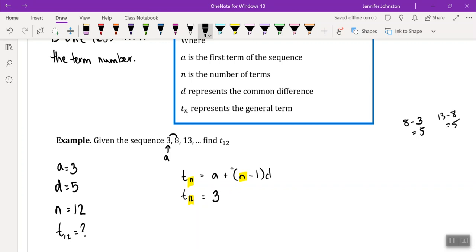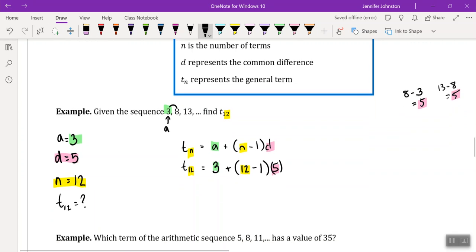So we're going to have 3, which is our first value in our sequence, plus n, which is 12, minus 1. The minus 1 is from the formula, and then d is 5, which we found by subtracting our first value from our second value to get the common difference of 5.